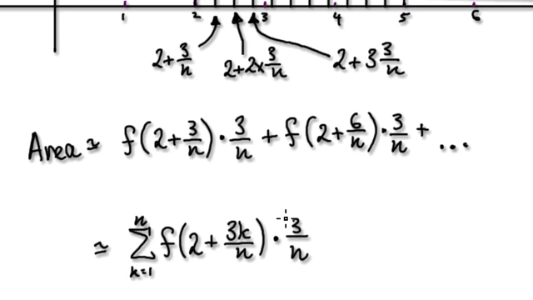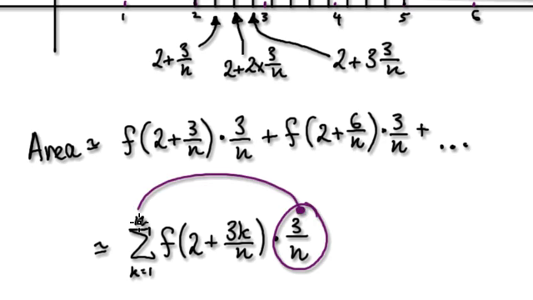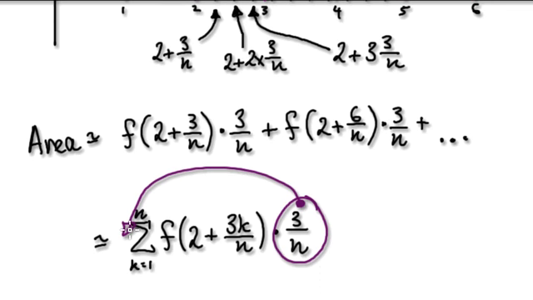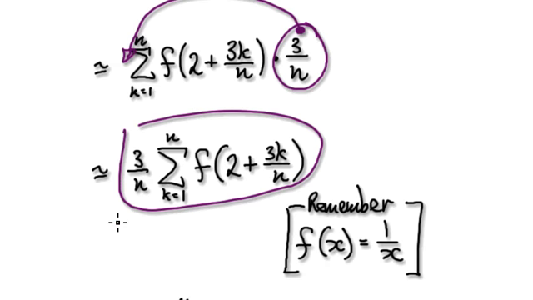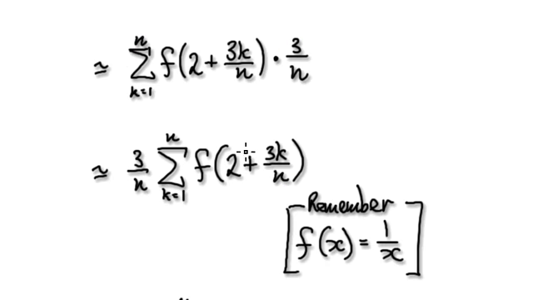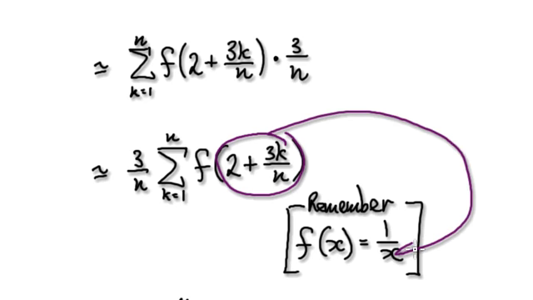Then our normal routine would be to know that this is a constant. We can take it out, so that will take us to this. Remember the original function was 1 over x, so really we've got to put this whole thing into the x here.